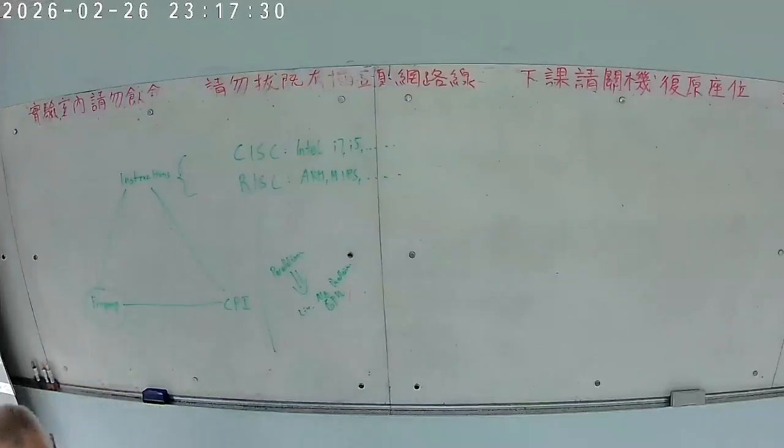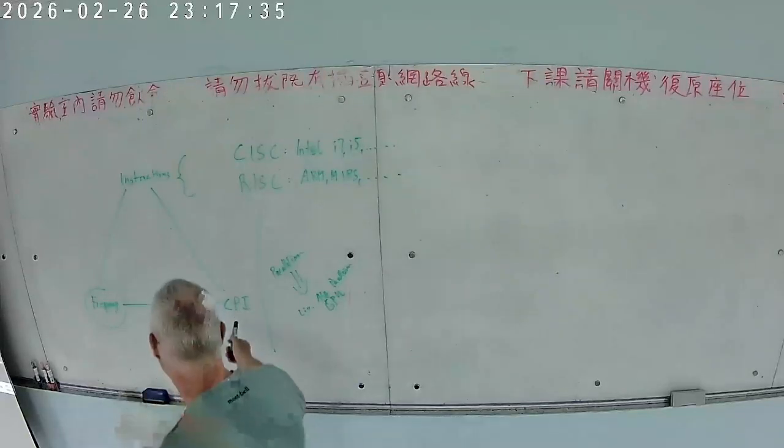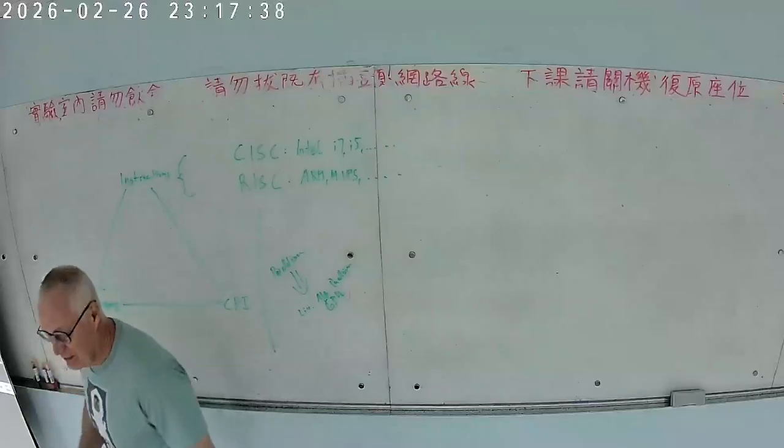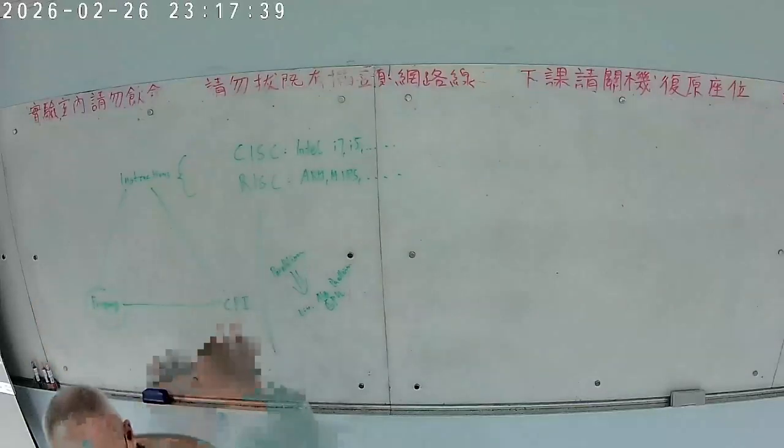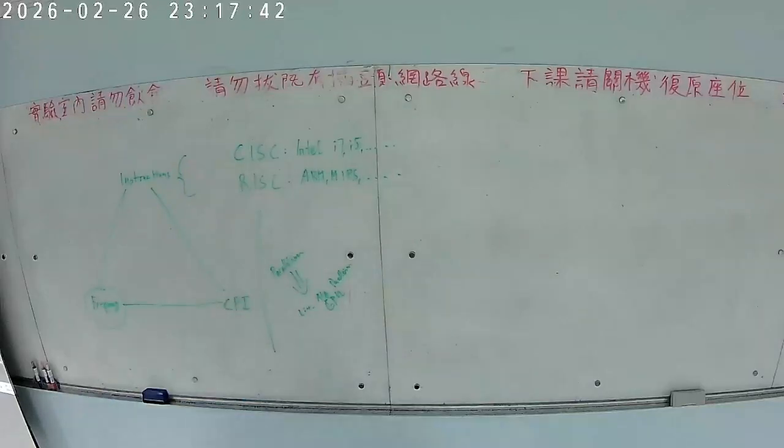Superscalar means that here, when I talked about the clock cycles per instruction, different types of instructions have different clock cycles depending on how complex they are. How many clock cycles per instruction nowadays for an Intel CPU?